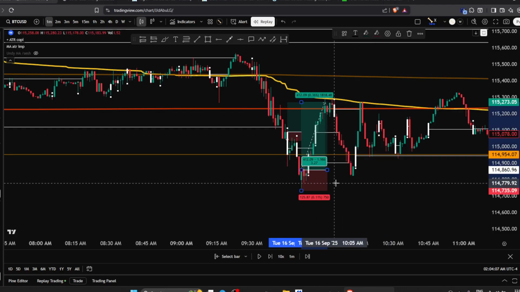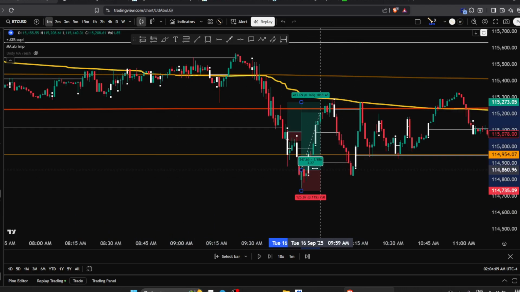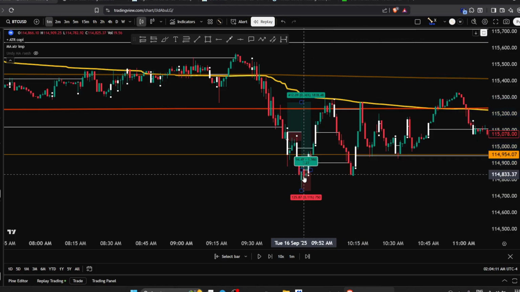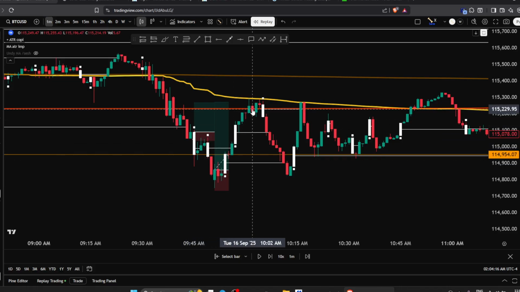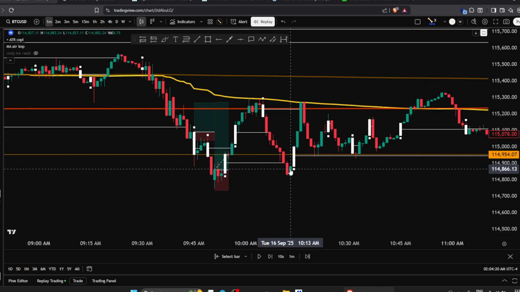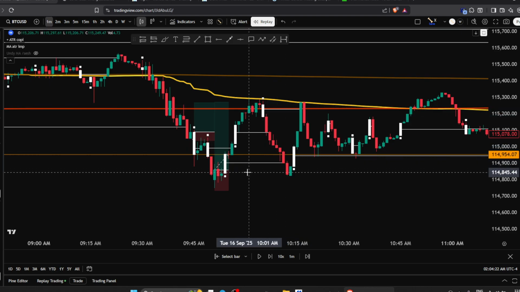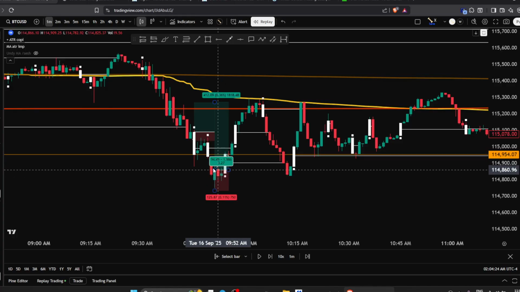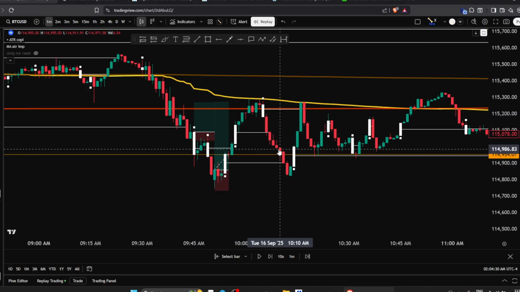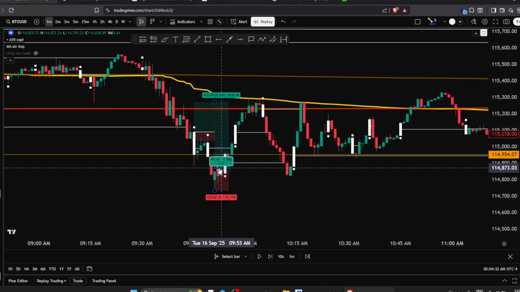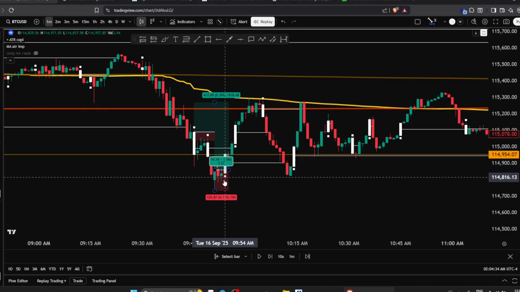Another thing too is you can see how you would have entered here, price comes up and it comes back down, and maybe you don't want to enter on there. Maybe your strategy is to wait for the retest. So it comes down here and retests this first area.